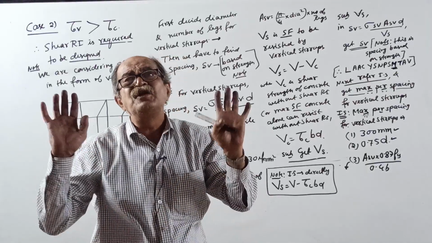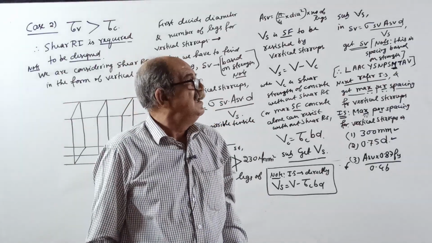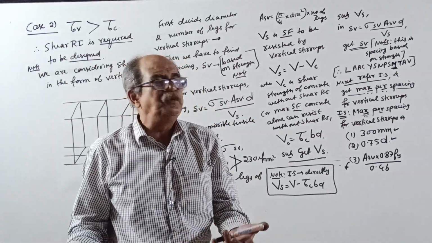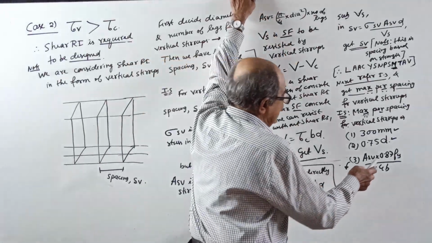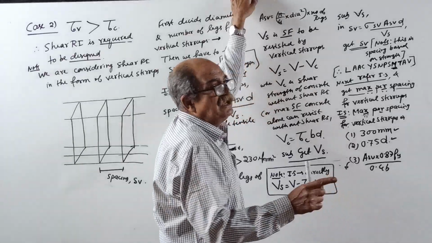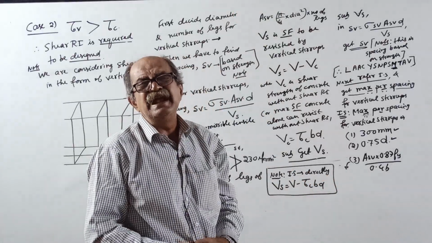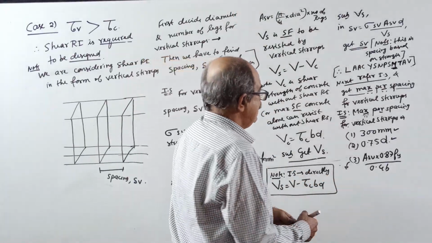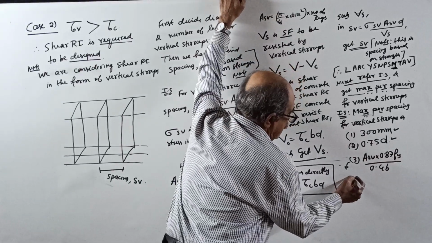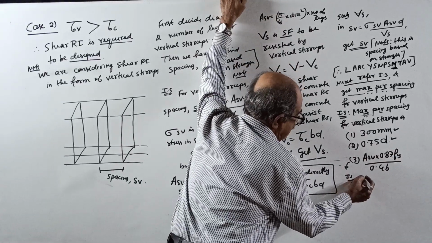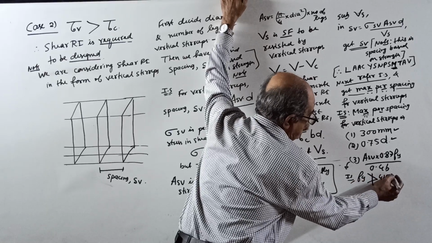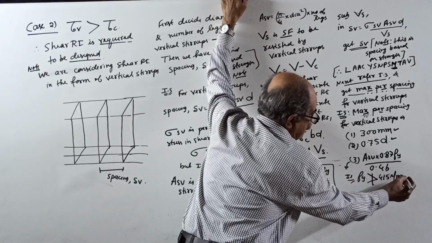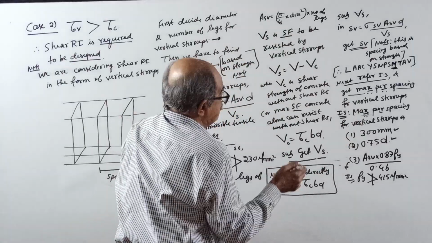Means you can consider, no harm, but you need not consider. They did not tell should not be considered. Here, as per IS code, fy is not to be taken more than 415 Newton per mm square.